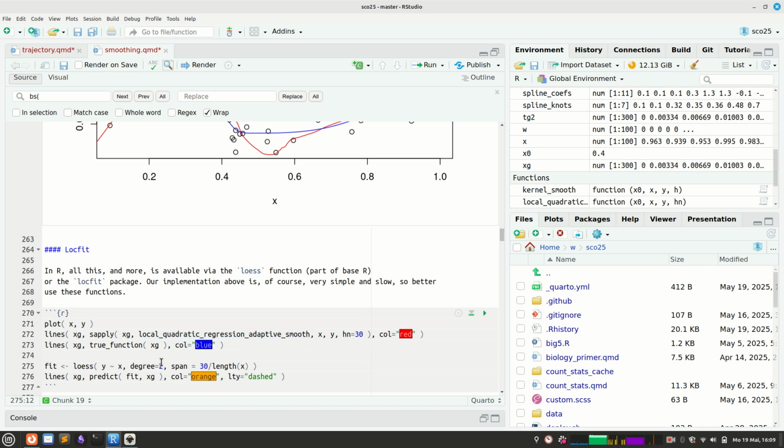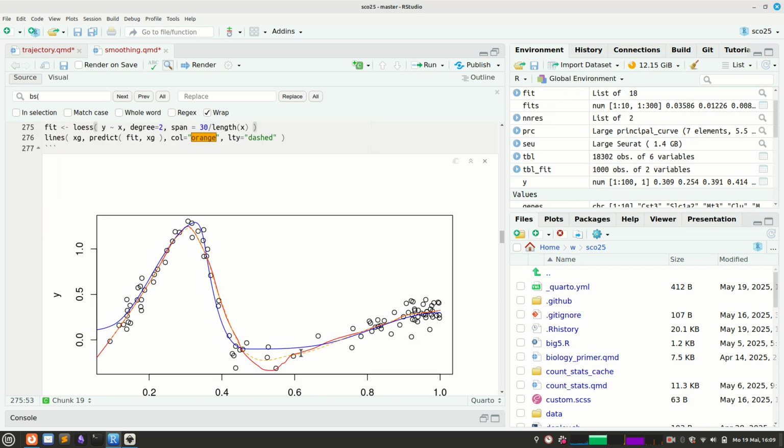I also tell it, please fit quadratic polynomials, and please make the bandwidth such that always 30 points are under my kernel. Span has to be put as a fraction of all the data points. This is why I divide by n, so that it says I want 1/10 of all data points under my kernel.